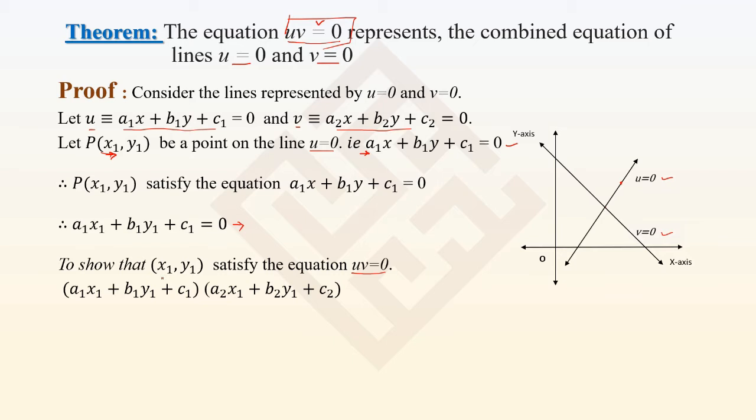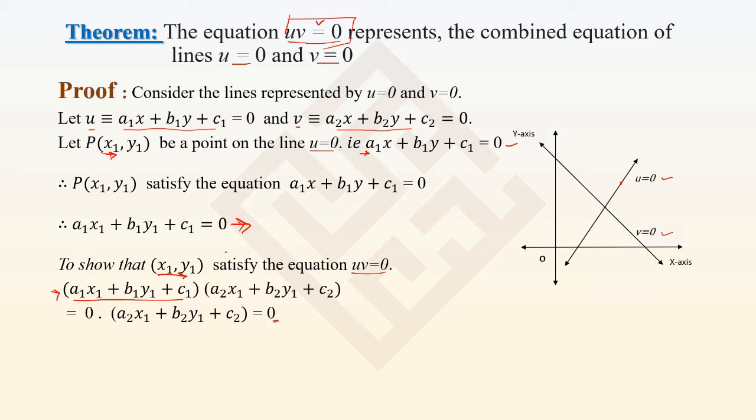अब हम क्या करेंगे, x1 कॉमा y1 जो पॉइंट है हमारा वो हम u इंटू वी के लेफ्ट हैंड साइड में सब्स्टिट्यूट करते हैं. तो हमें मिल जाता है यहाँ पे (a1x1 plus b1y1 plus c1) multiplied by (a2x1 plus b2y1 plus c2). Now if you look at this particular equation, अब ये इक्वेशन में ये जो पार्ट है ये ब्रैकेट का वैल्यू तो हमारे पास ऑलरेडी यहाँ पे है, right? So let's put the value over here. तो ये वैल्यू हो जाता है 0 multiplied by (a2x1 plus b2y1 plus c2) is equal to, अब मल्टीप्लाई करेंगे तो ये ऑटोमेटिकली 0 हो जाएगा.